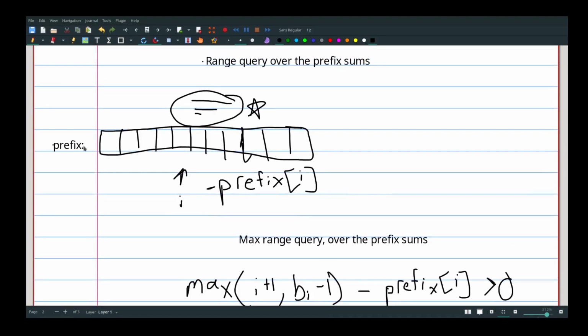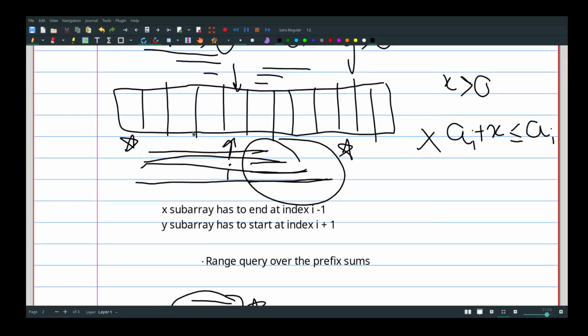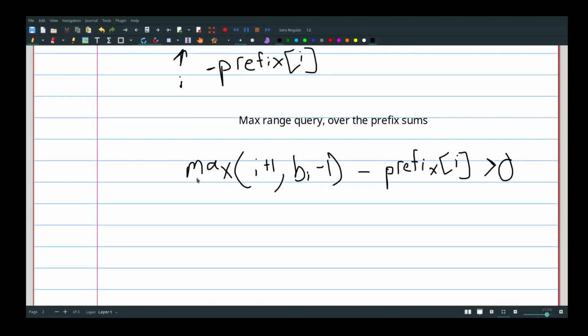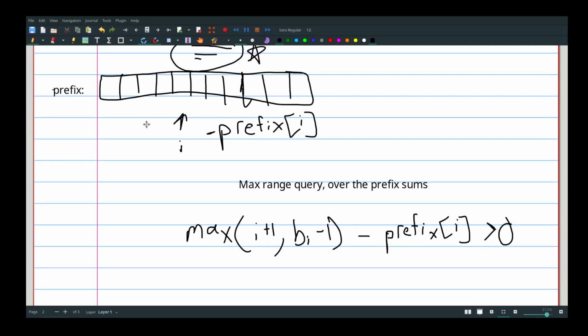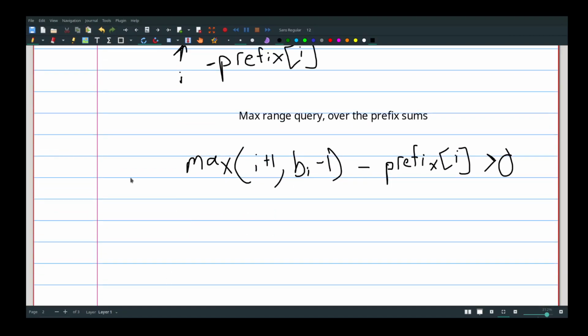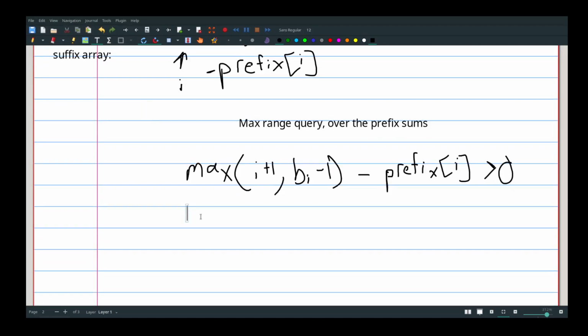Of course, this is only for the prefix sums. For the left side, for calculating all of these, you'd have to do a suffix array. So you just create something similar, but just in the reverse direction, and make very similar queries. So say that we had a suffix array, and we try to make queries to that as well for verification, then the queries would look something like this.